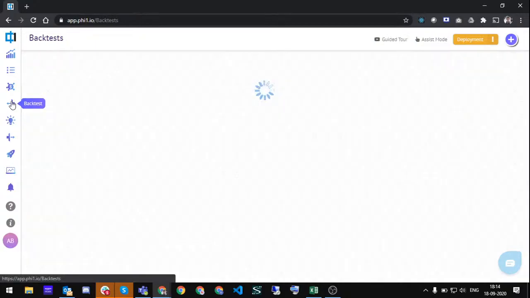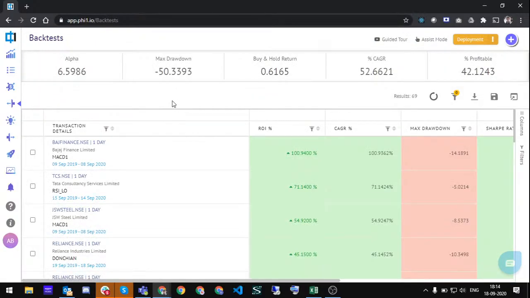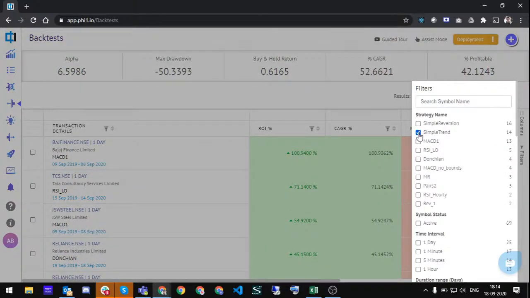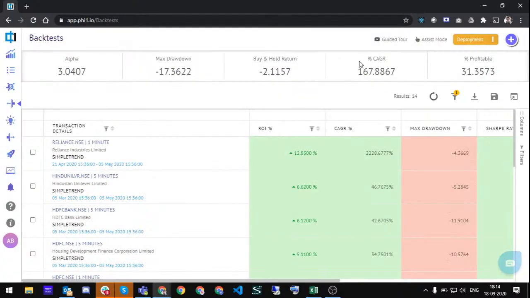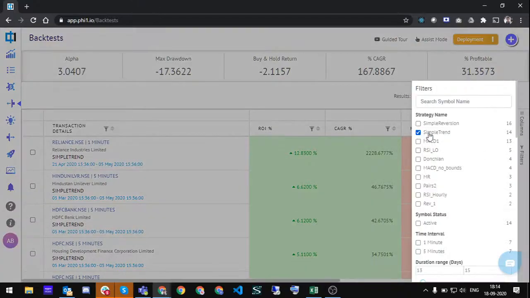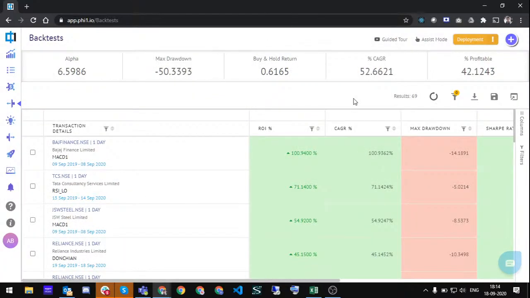And all of them will come here on the backtesting screen, available to you to look at. And the aggregated numbers, so the average numbers from all of those, will be shown on top, and you can switch between a few strategies if you wanted to judge one versus the other. So this is now the average backtest results for one of the strategies, which is simple trend, for example.